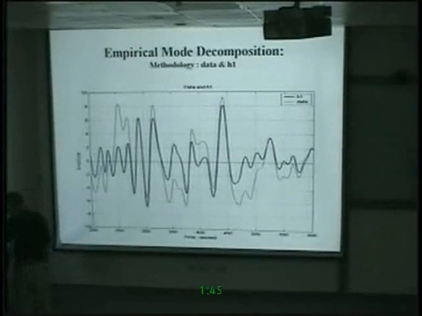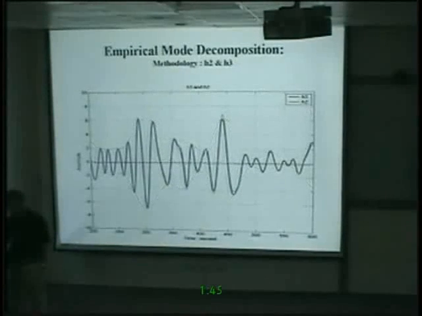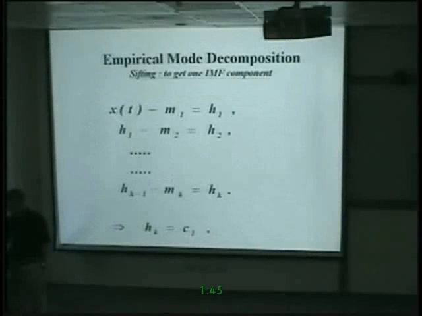As I said, we can keep on doing this. We have already done this before, and this is the algorithm. x minus m1 equals h1. This I call a proto-IMF. It's not an IMF, but it's the original form, the proto form, P-R-O-T-O.